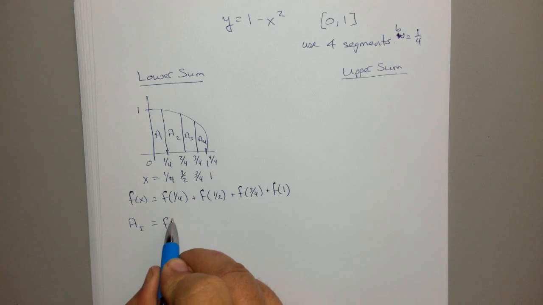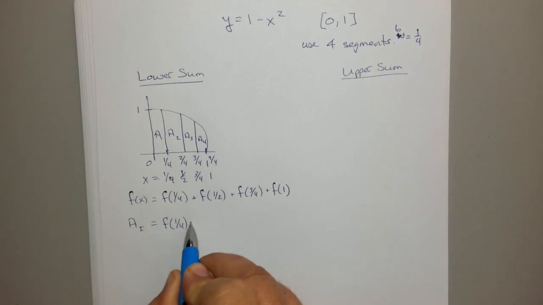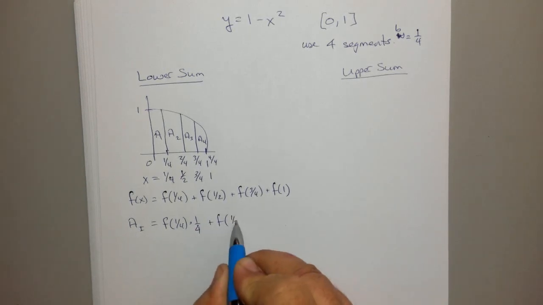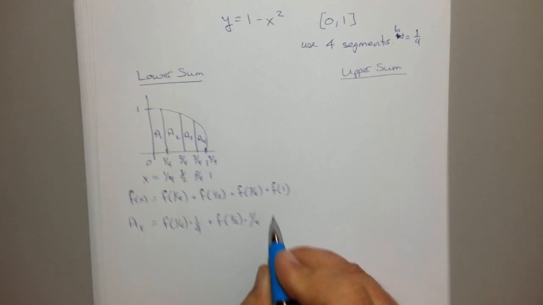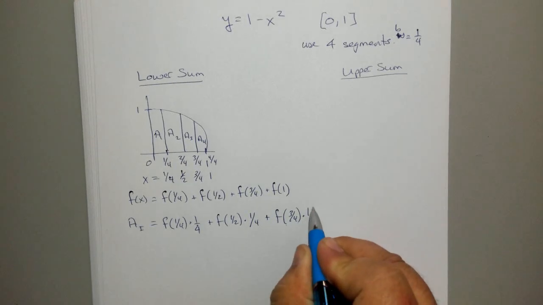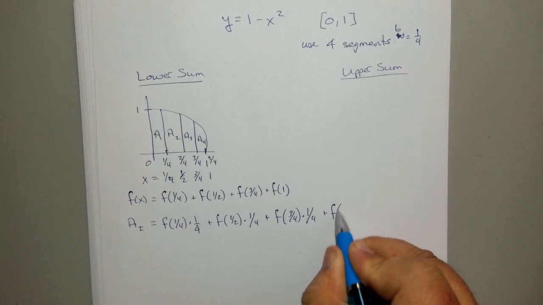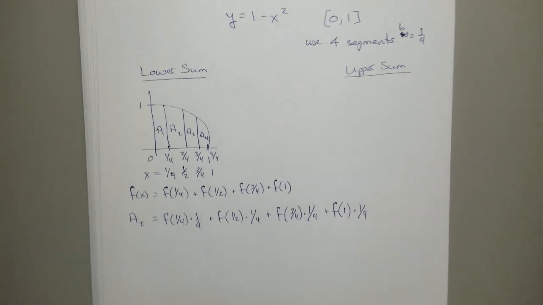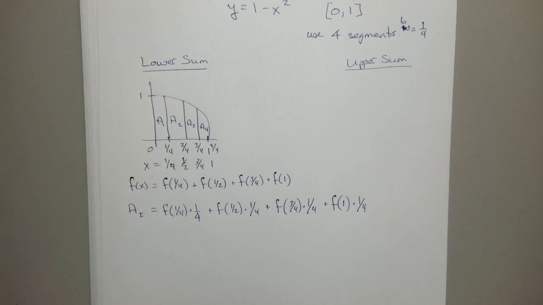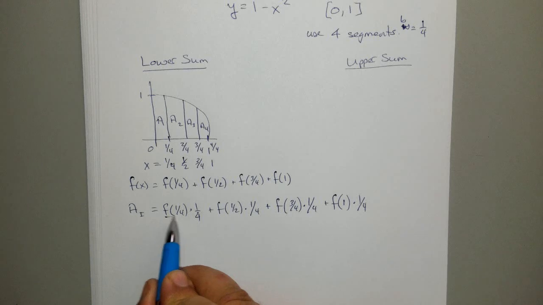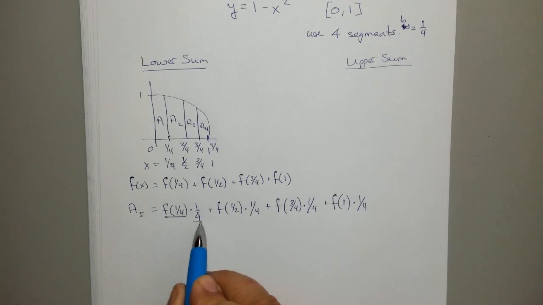So I have f of 1/4 times 1/4, f of 1/2 times 1/4, plus f of 3/4 times 1/4, f of 1 times 1/4. This is my height, this is my y value, this is my x value, base times height.